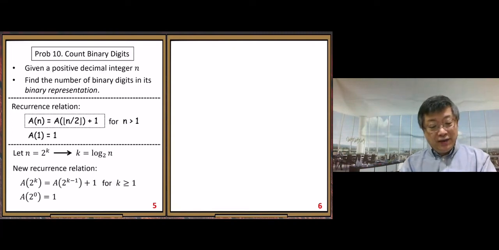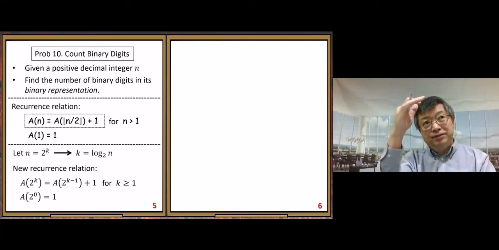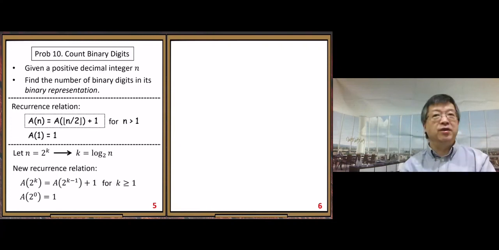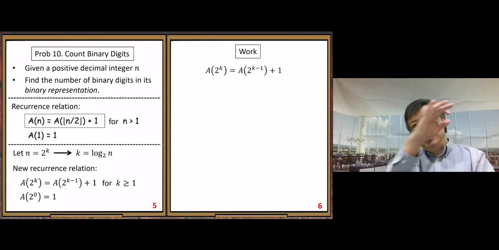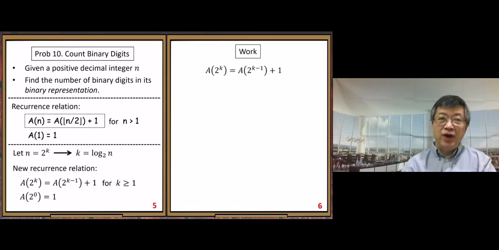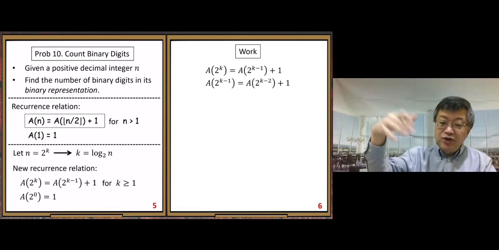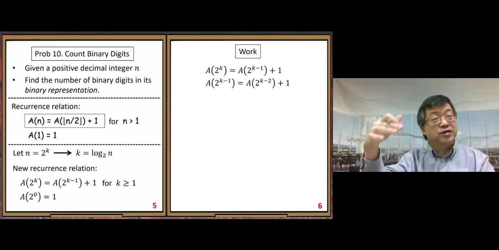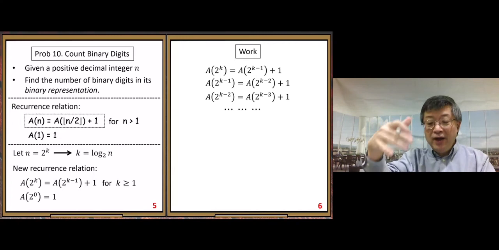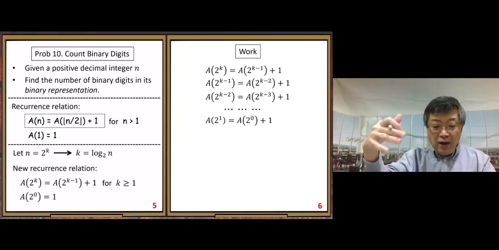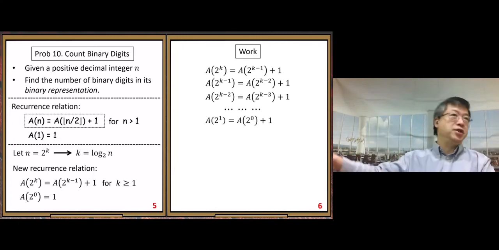Then let us try to solve this recurrence relation. The first time we start with this equation, the next time division by 2, so we get this version, and so on. Keep doing until we reach the base level.